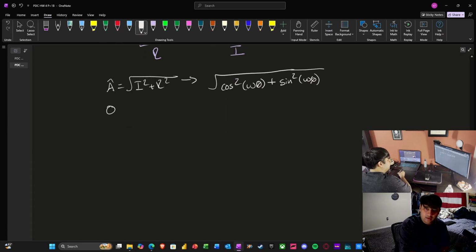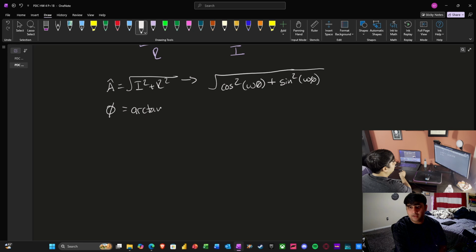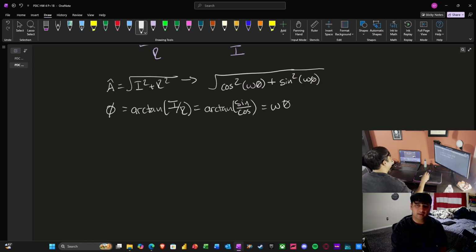And then we also want to recall our phase lag is equal to arctan of I over R, which, since omega theta, we can just make it arctan of sine over cosine, which equals our omega theta.